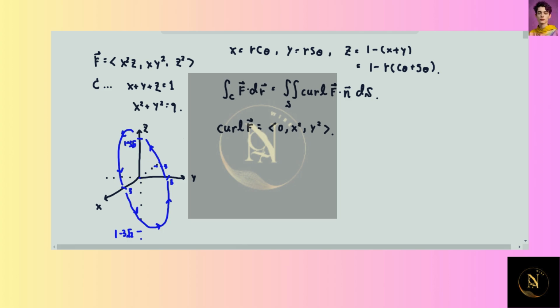The normal vector is very simple here because we are already given the equation of the plane. It is going to be parallel to 1, 1, 1.